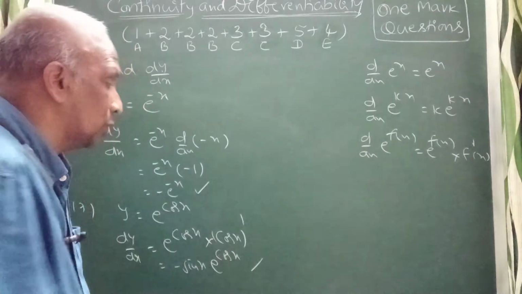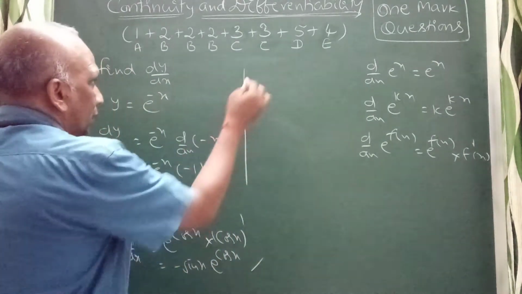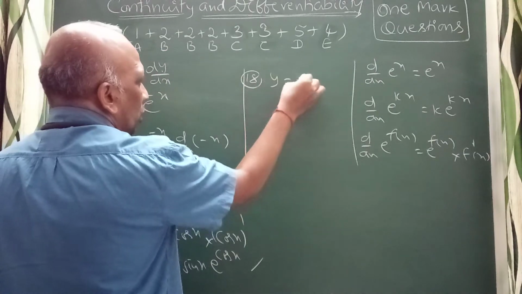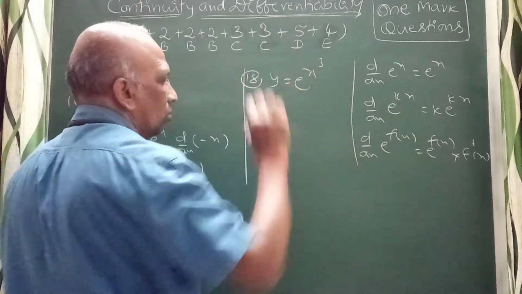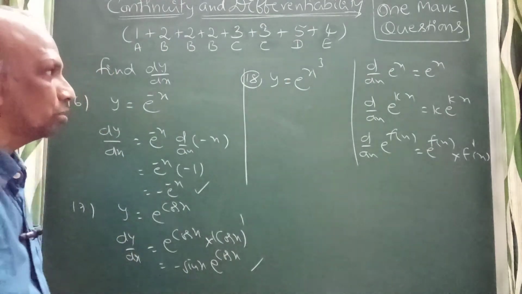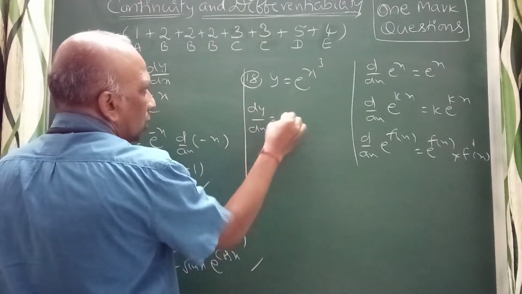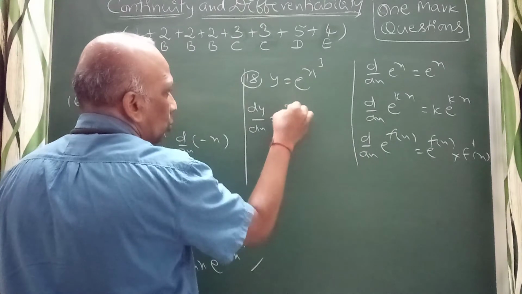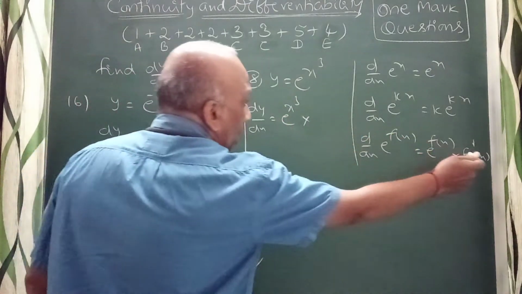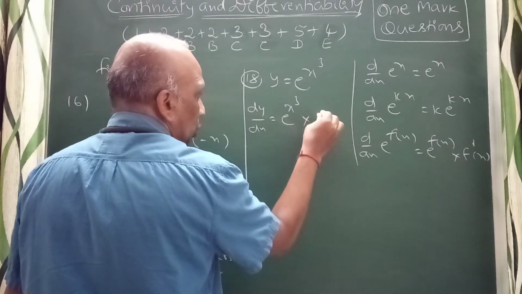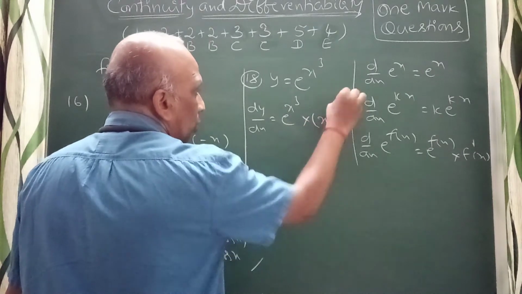Suppose it is e power x cube, the 18th one. Suppose they are given y is equal to e power x cube. Same like this only, dy by dx: e power x cube, the function is x cube, into f dash of x, the derivative of x cube, right?